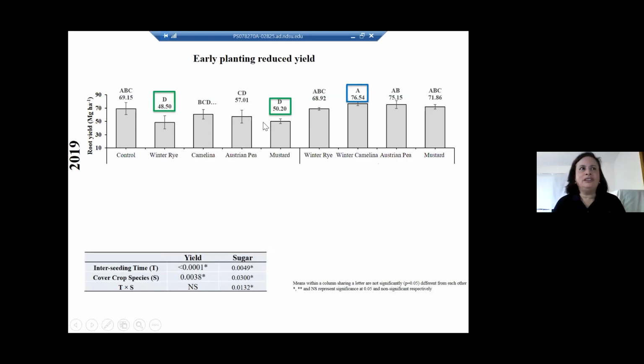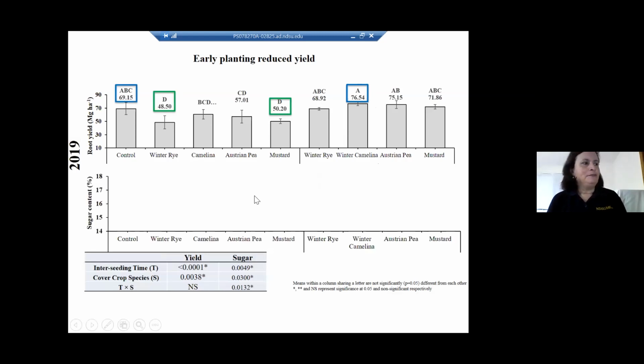The conditions weren't there, so the crops actually grew faster than the sugar beet did, and so they caused root yield reduction. Now, when planted in July, the ones with cover crops had slightly higher, although not significant, yield than the control. So in July, it didn't cause as much problem, but when planted in June, it did cause reduction, and we don't want to see that.